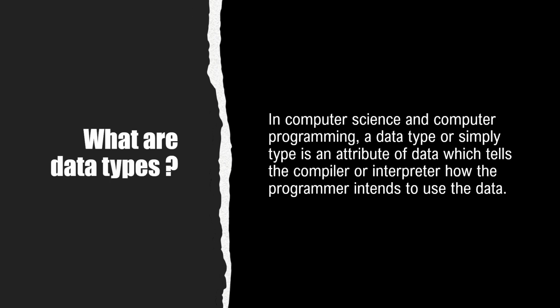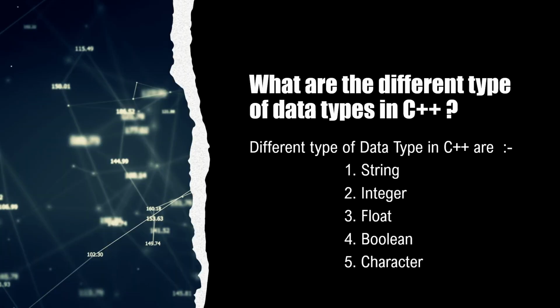In simple language, a data type is just an attribute or property of the data, which tells the compiler how the programmer wants to use it, or what type of data he is storing in it. I hope you understood this slide as well. Now we know what variables and data types are, and we're going to talk about the different types of data types in C++.